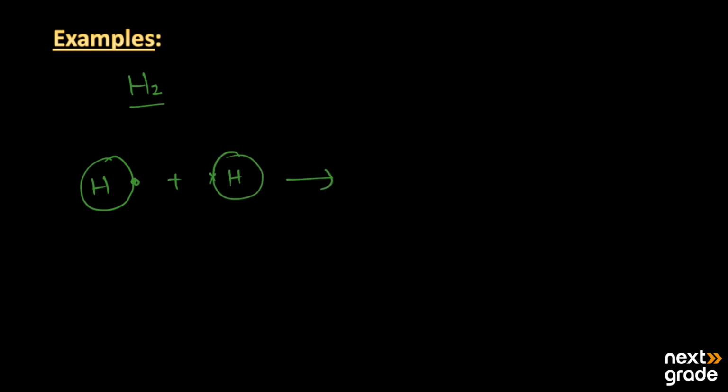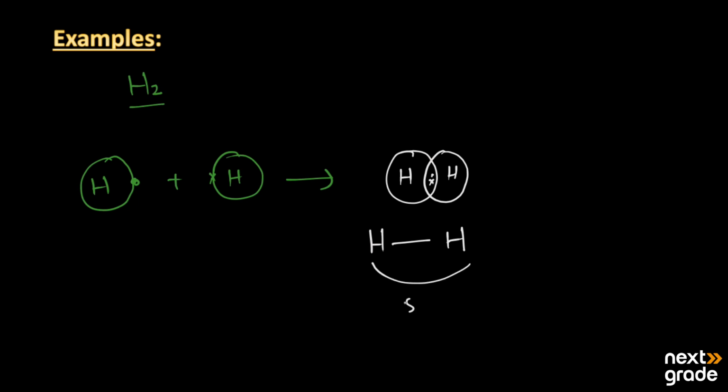After the mutual sharing of electrons, the two hydrogens will share their electrons like this, and we have its diagram like this. As the electronegativity of both these atoms is the same, the shared electron pair will be in the center, and the distance from the two atoms will be the same.